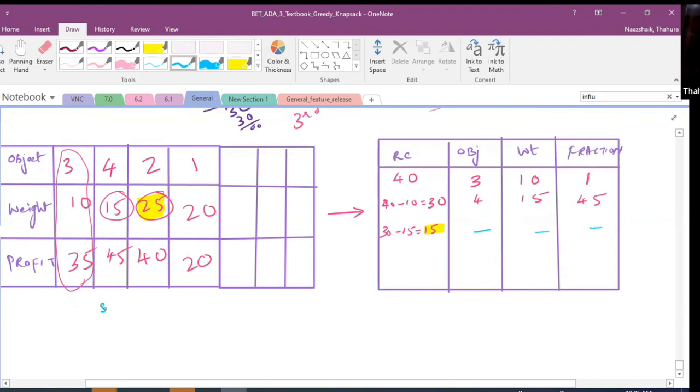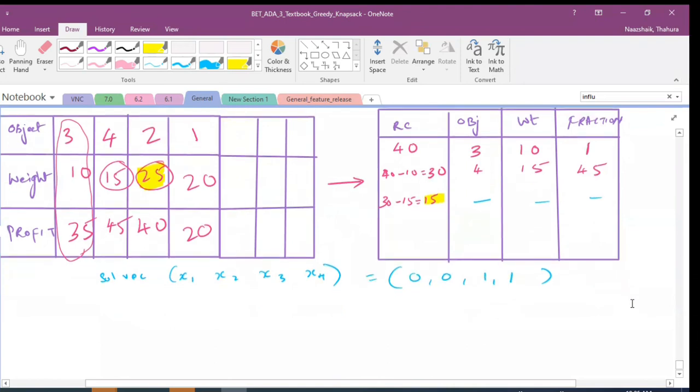So what is my solution vector? X1, X2, X3, X4: 0, 0, 1, 1. Did you get the same thing? Yes, ma'am.